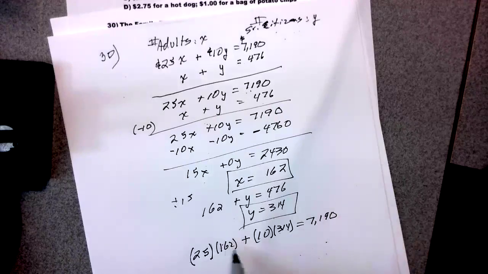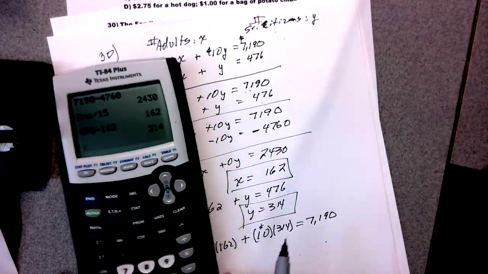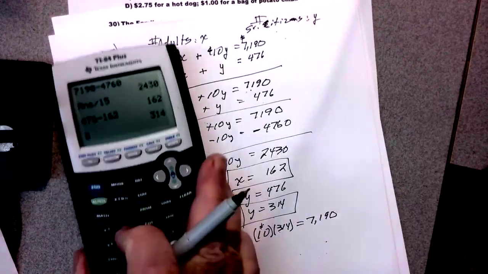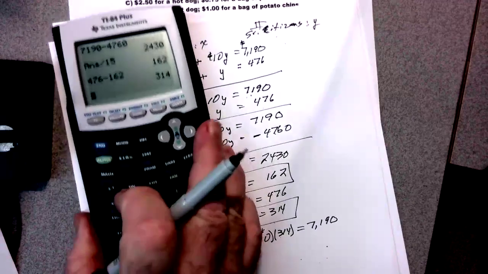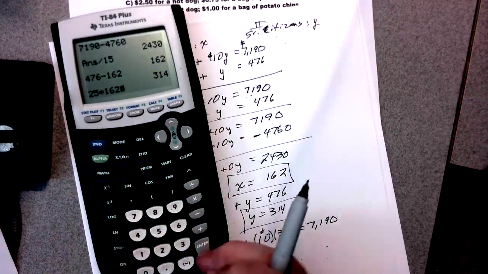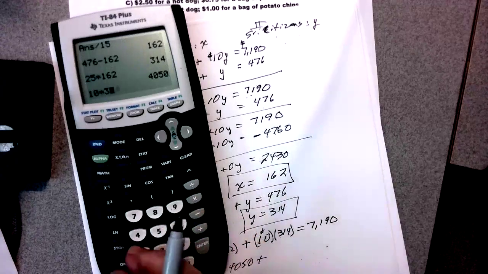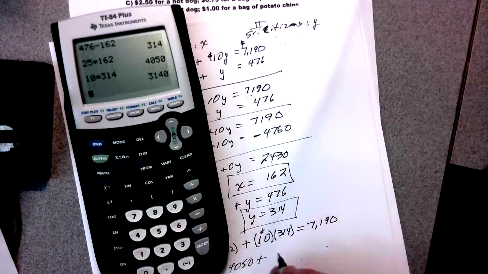Now remember, I got this a little garbled up here. This is the money, and these are the numbers, right? But let's see if that works. 25 times 162 is equal to 4,050, and then 10 times 314 is equal to 3,140.